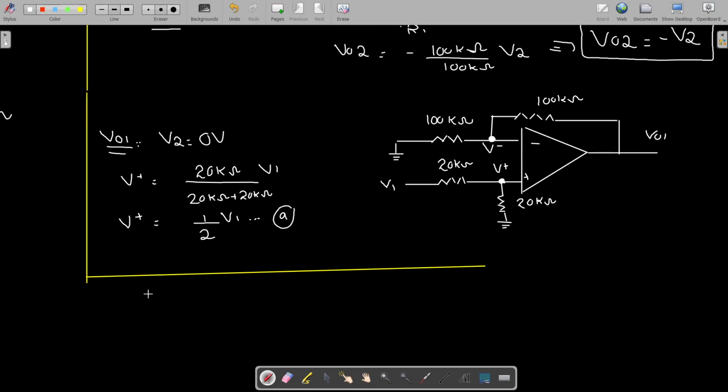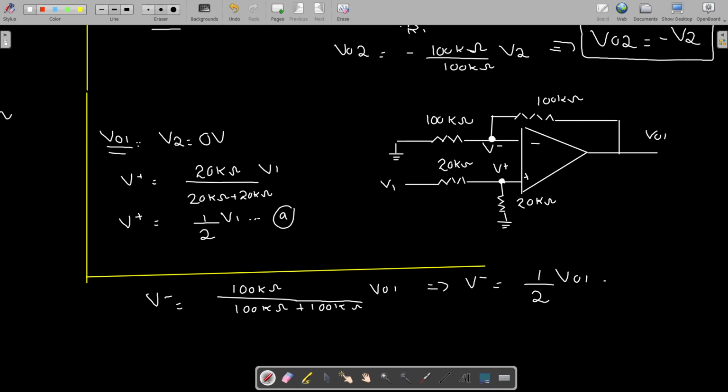Now what is V minus over here? You can also find the V minus using the voltage divider rule. And again that will be 100 kilo ohm divided by 100 kilo ohm plus 100 kilo ohm into the V0, which in this case is VO1, which implies that V minus is equal to 1 by 2 VO1.